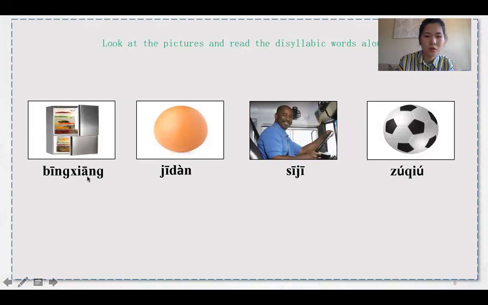These are the two words together. Still, you read it first and then I will read it too. First one, 冰箱.